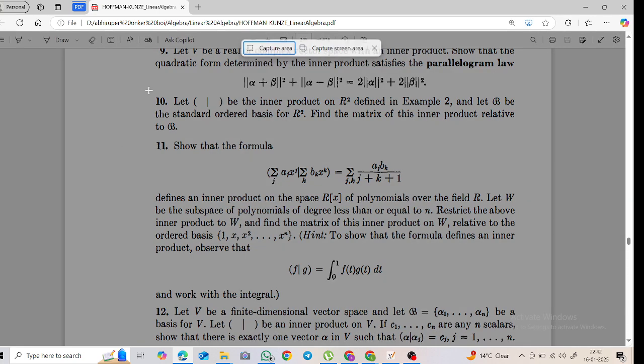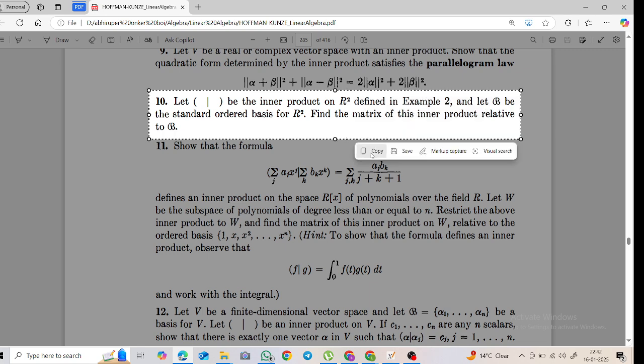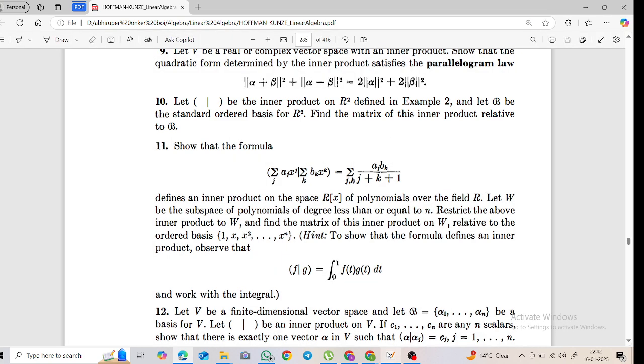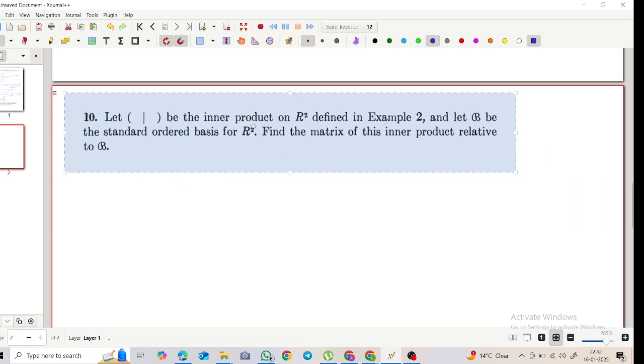Ten. What was the inner product of example 2? What was the inner product in example 2 by the way?